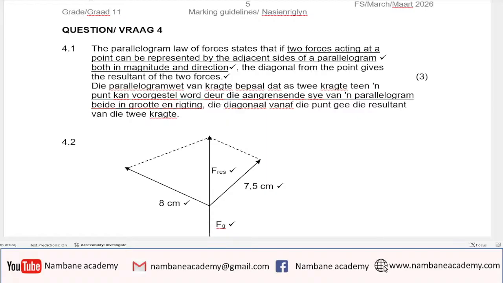The diagram is given. 4.1, state the parallelogram law in words. The definition is: the parallelogram law of forces states that if 2 forces acting at a point can be represented by the adjacent sides of a parallelogram, both in magnitude and direction, the diagonal from the point gives the resultant of the 2 forces.